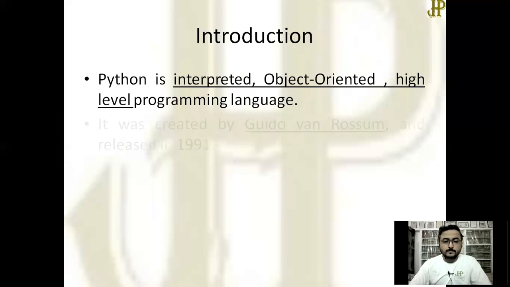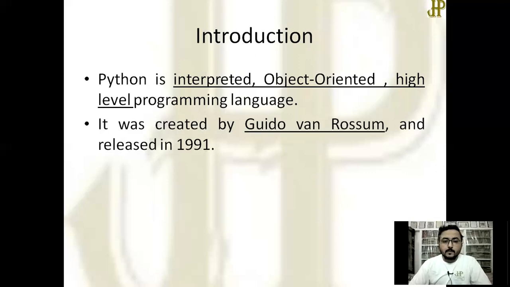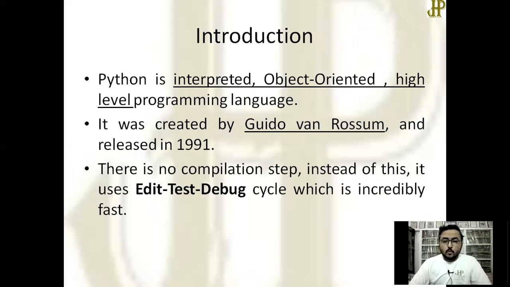So move on. As we know, Python was created by Guido van Rossum and released in 1991. But nowadays it has become famous. Next point is very important. As I already discussed, there is no compilation step. Instead of this, it uses an edit, test, debug cycle. What does it mean?